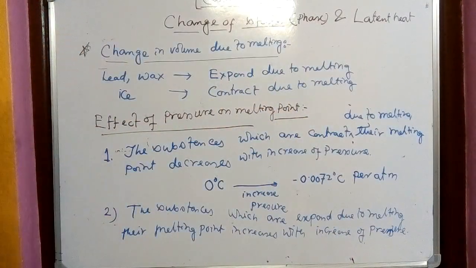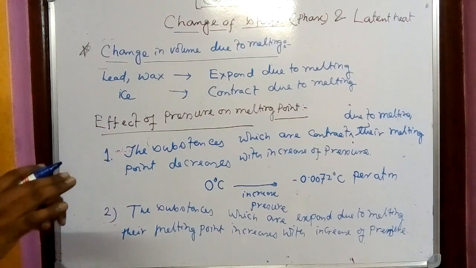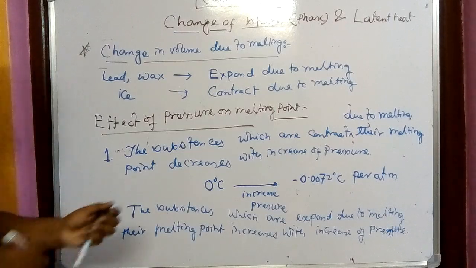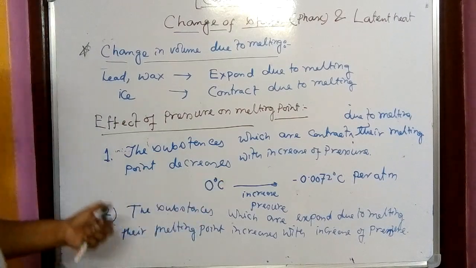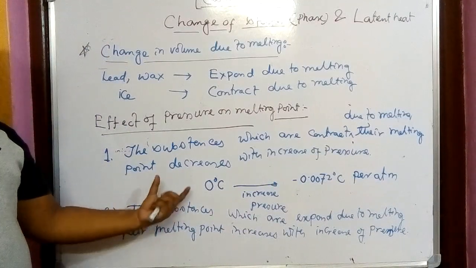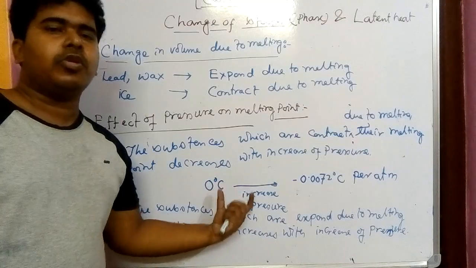So these things you have already learned in class 8. I am repeating these things so that you do not forget them, because from here a question may come. Now, for the example or the experiment showing how the melting point is decreased as pressure is increased, we use water, because it is easier to show.